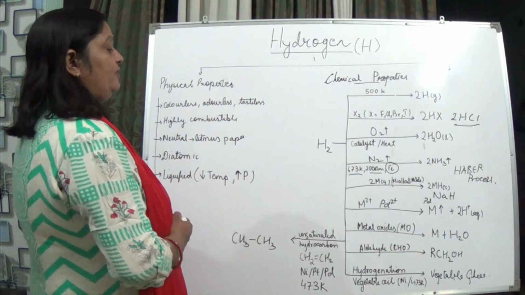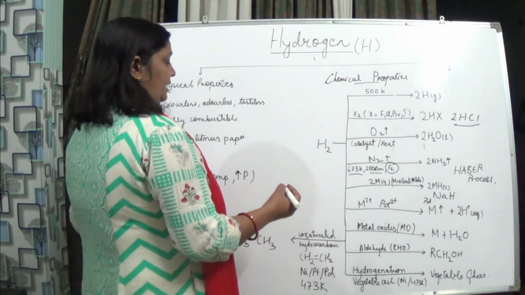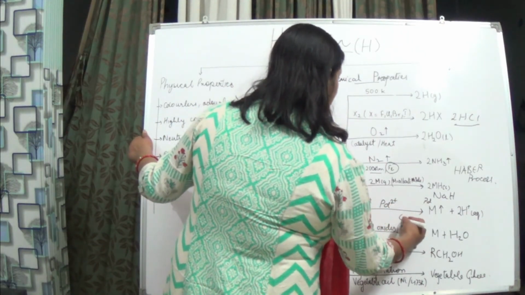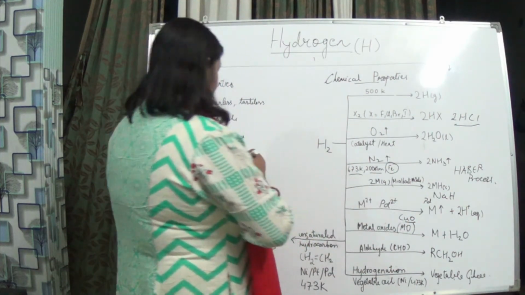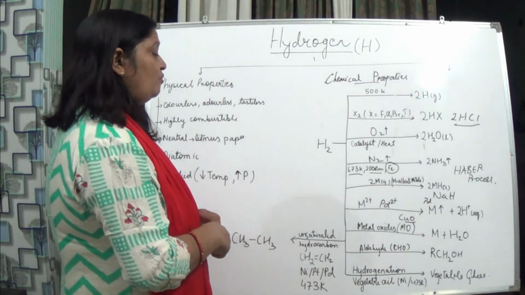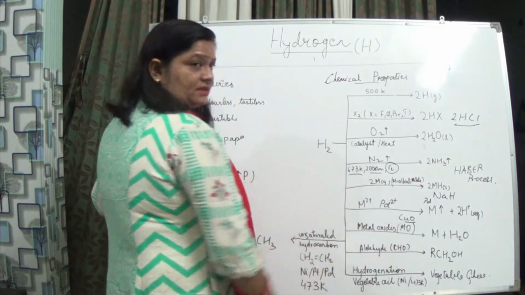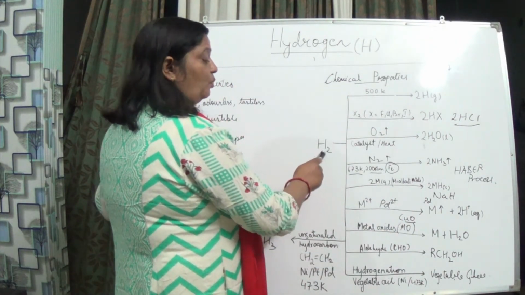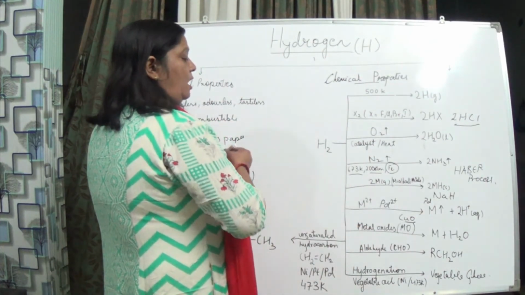Now when it reacts with metal oxides, any metal oxide you can take, like CuO, copper oxide. This copper in the reactivity series comes below hydrogen. So naturally what will happen, this hydrogen will reduce this copper oxide, because here hydrogen is more reactive than copper. So it will form what?